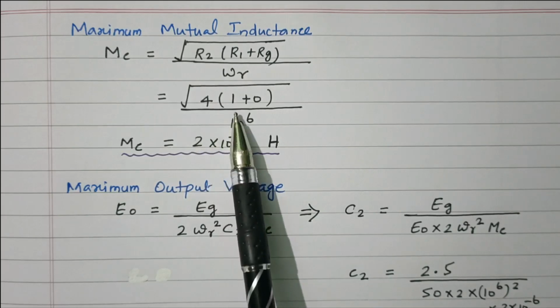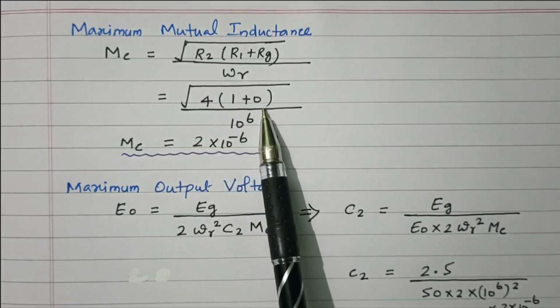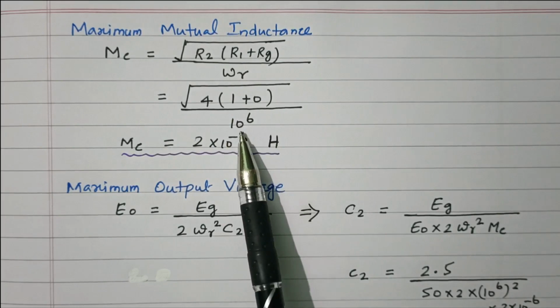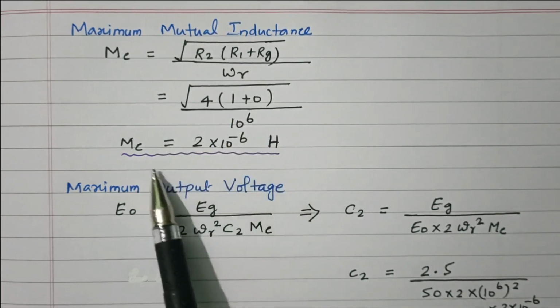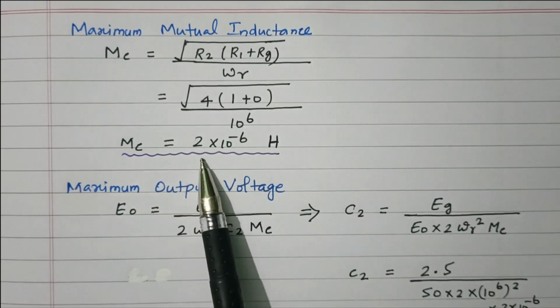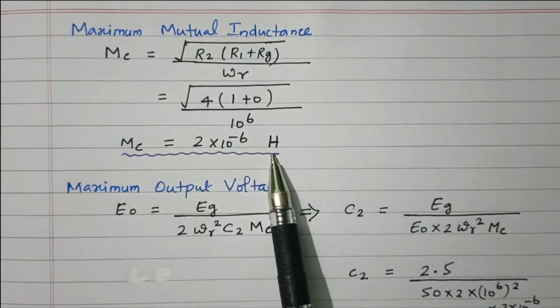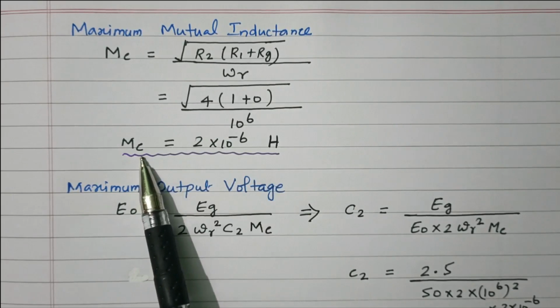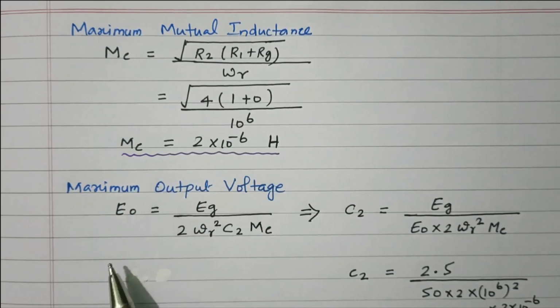R2 is 4, R1 is 1, RG not given, say assumed as 0, omega R is 10 to the power 6. So the critical maximum mutual inductance is 2 into 10 to the power minus 6 Henry. The critical value of mutual inductance, MC.